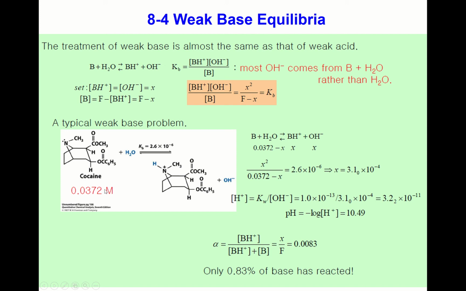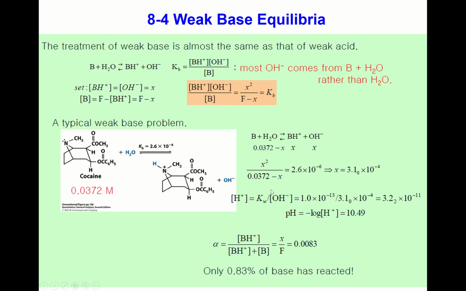The cocaine formal concentration is 0.0372. It dissociates by X, and then after its dissociation, B becomes smaller by X. Then we set this equation and solve for X. Here X represents hydroxide ion.